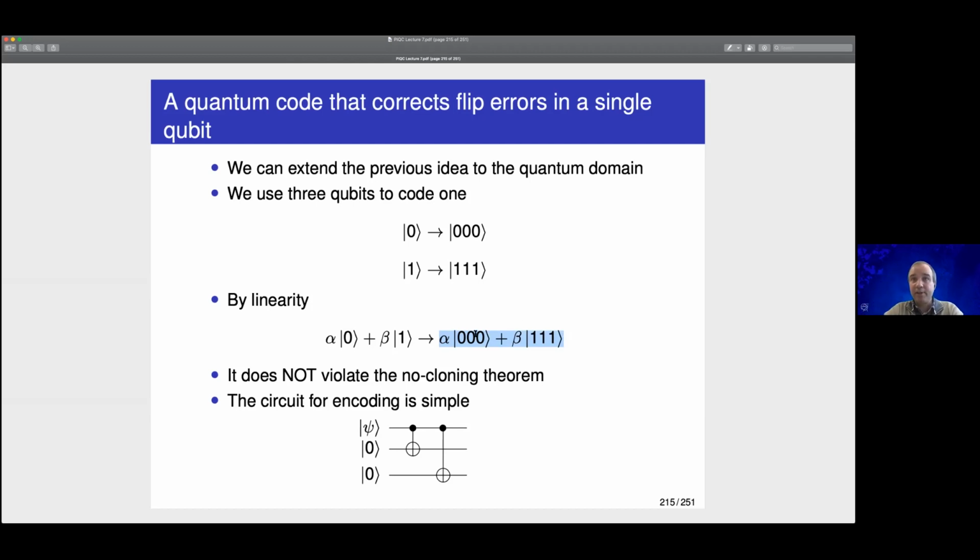If we measure, for instance, the 3 qubits here, we are going to obtain either 0, 0, 0, or if there has been some error, 0, 0, 1 or whatever, but we obtain this result at the cost of losing the information about alpha and beta, okay? So this is not something that we want to do, because then we lose the information trying to check whether there has been an error.